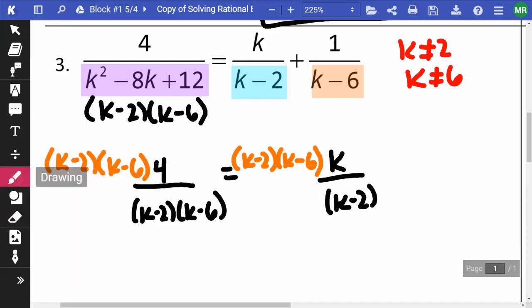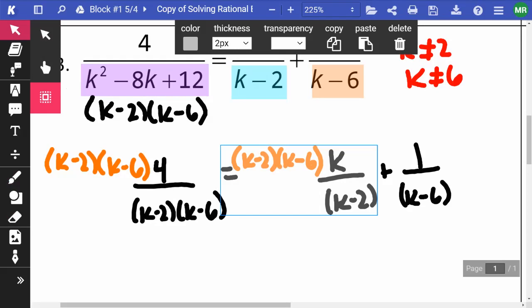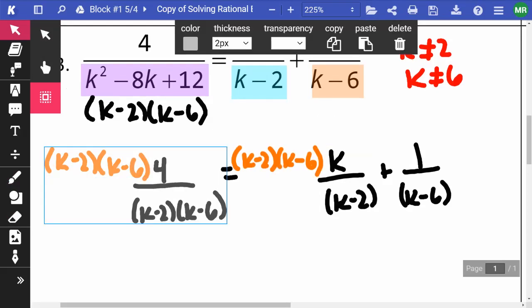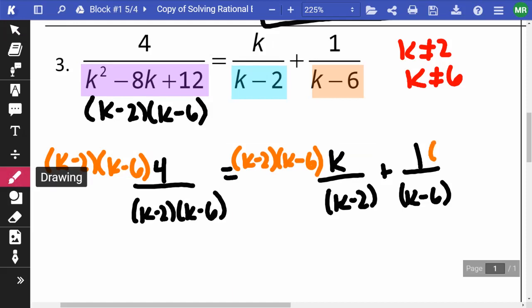Okay, and then I'm going to have plus 1 over k minus 6. And again, it's going to multiply with, let me copy this. That's going to grab everything. Yeah, I'll just rewrite it. Okay, so I'm going to multiply this by k minus 2 and k minus 6.